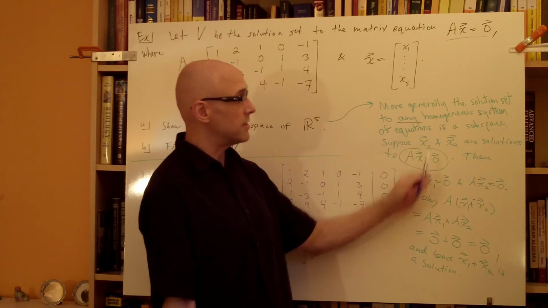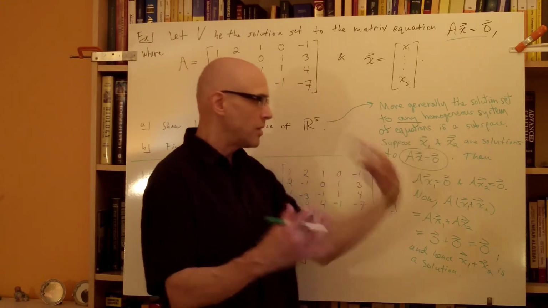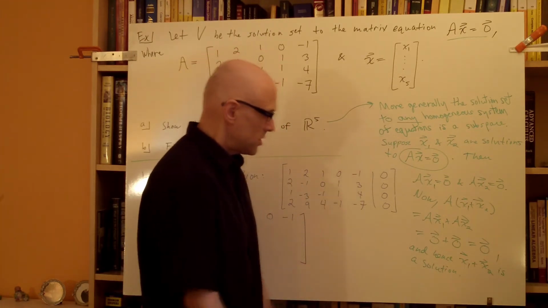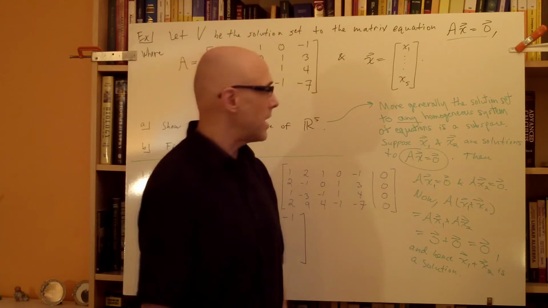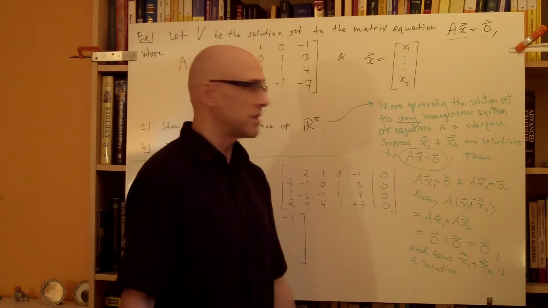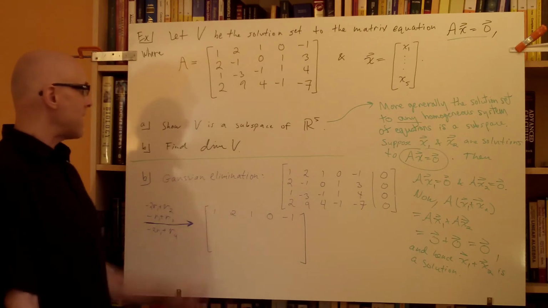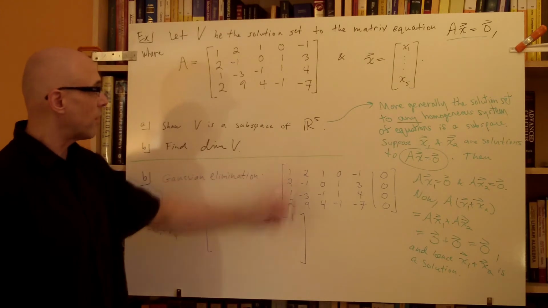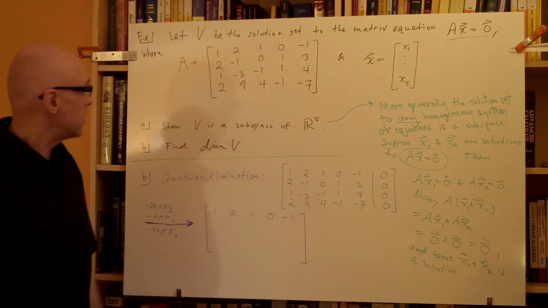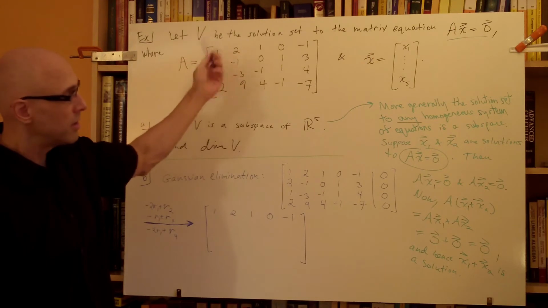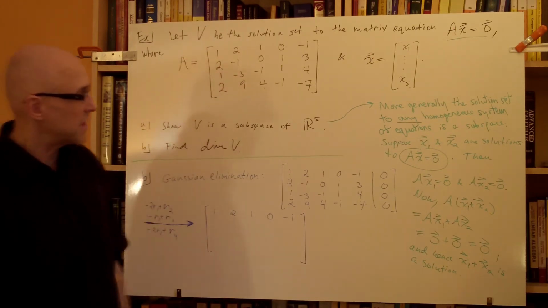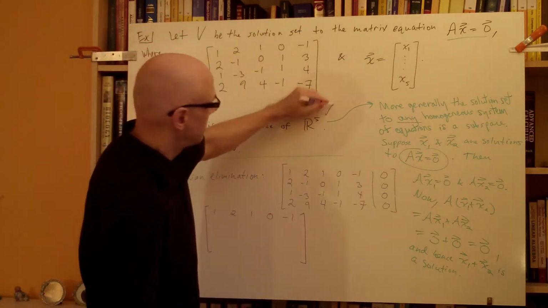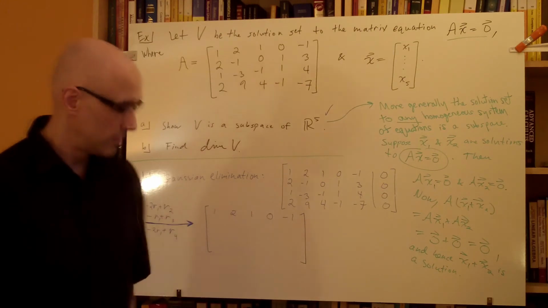So the 0 vector is in the solution set, and the solution set is not empty. All of that tells you that the solution set to any homogeneous system is a subspace. And so for part A, you pretty much just have to say that V is a subspace of R5 in this particular example, simply because this example is just an instance of this more general situation. So that's taken care of.